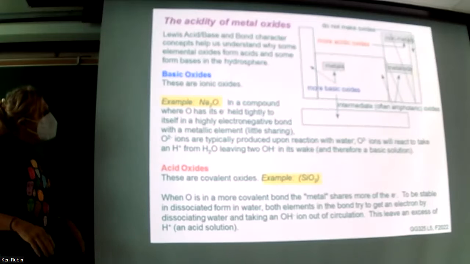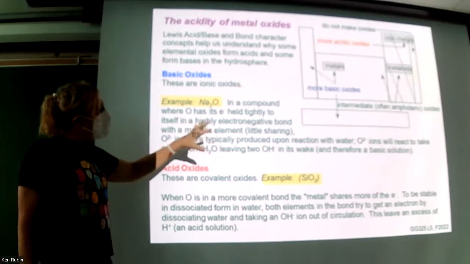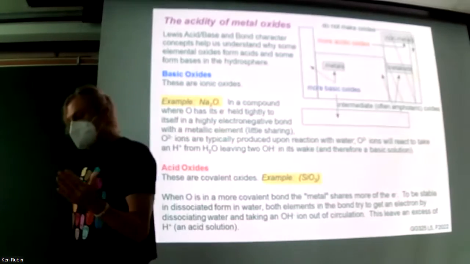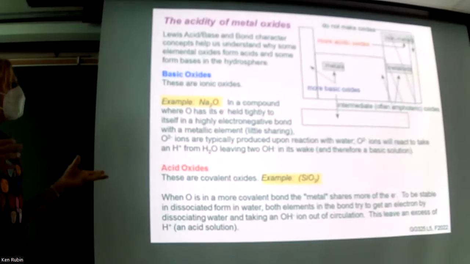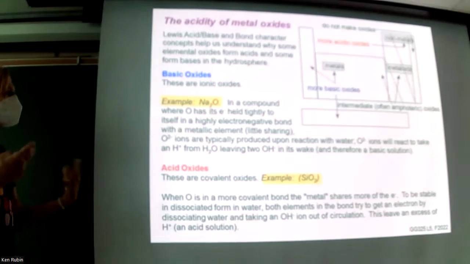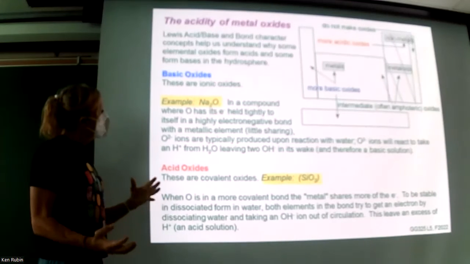And so this is part of the genesis of the importance of electronegativity, which is an element's propensity to share electrons or not, and to pull electrons onto itself or not in the presence of other elements.